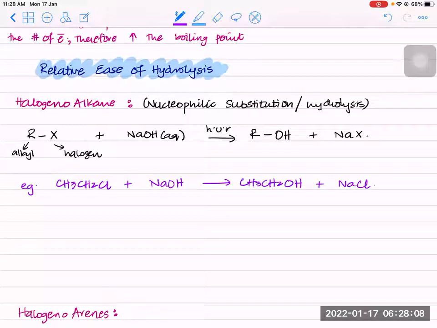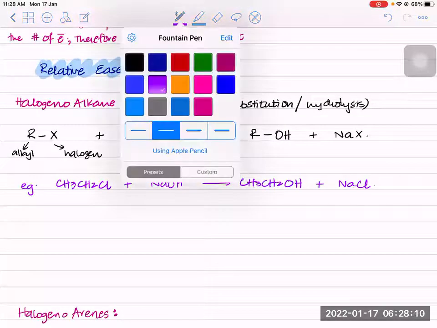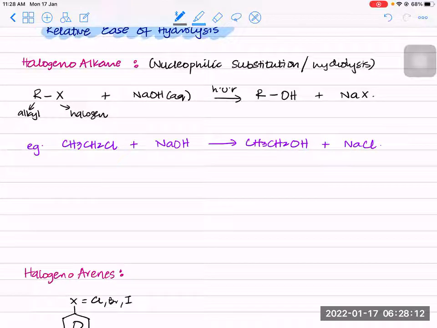Now, if you remember, I told you in AS that the ease of hydrolysis depends on the type of halogenoalkane, whether it is primary, secondary, or tertiary, and the nature of the C-X bond. Which C-X bond will break the fastest? The fastest would be the C-I bond. So the ease of hydrolysis depends on the nature of the C-X bond.